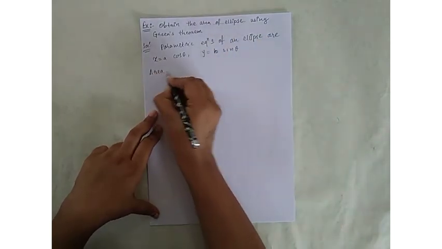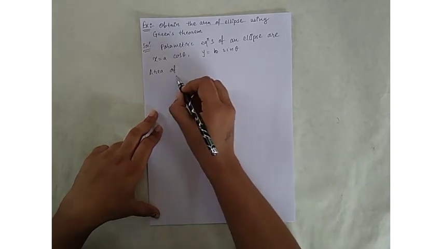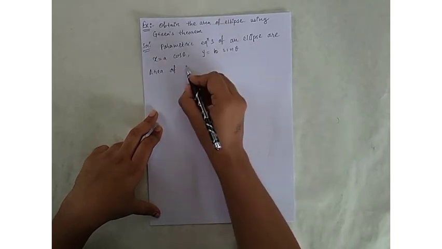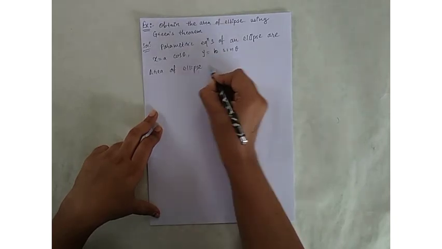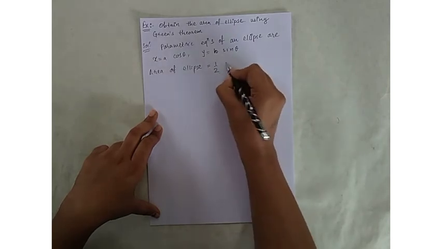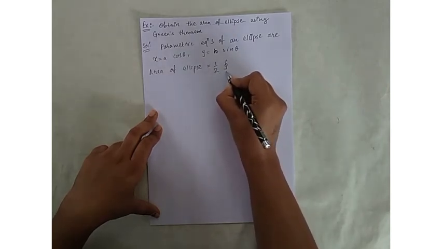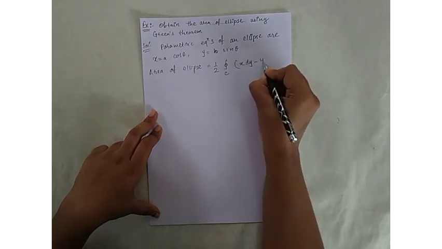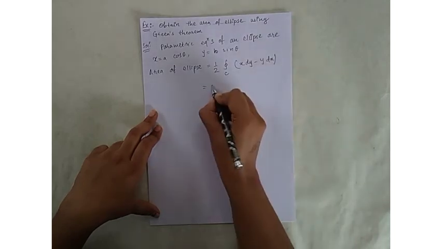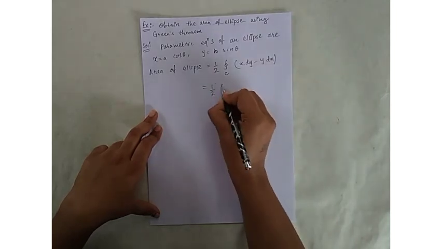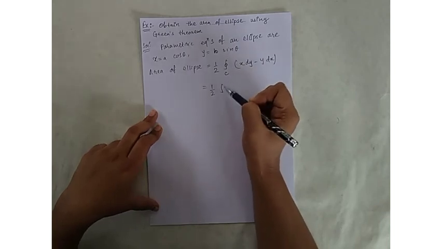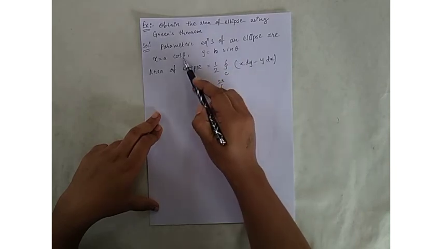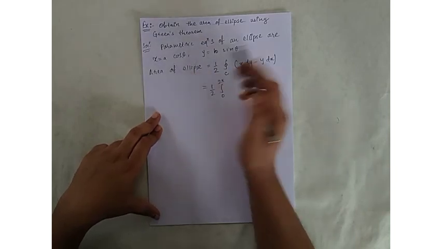We know the area of a region, but here the given region is an ellipse. So the area of ellipse, the formula is 1 by 2 integration on closed smooth curve C of x dy minus y dx. So 1 by 2, here the limit of this smooth curve is 0 to 2 pi. Why? Because my theta varies between 0 to 2 pi.